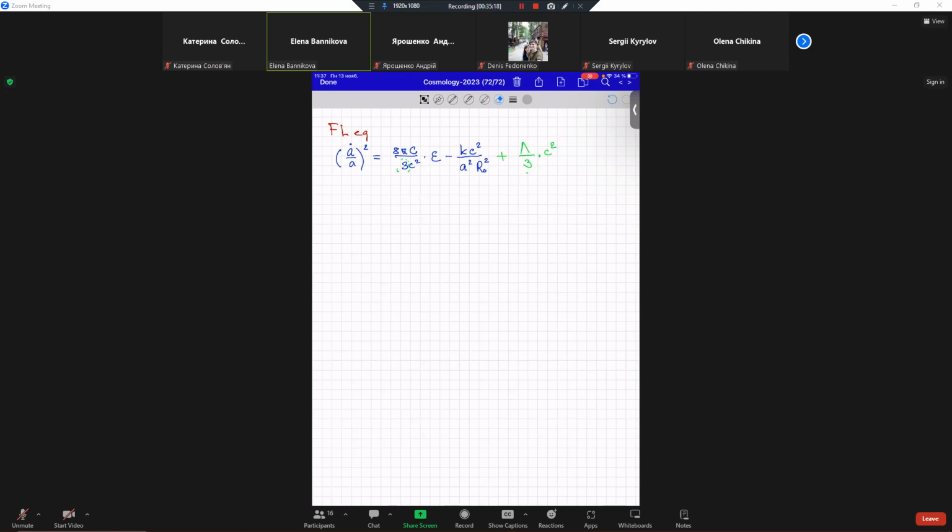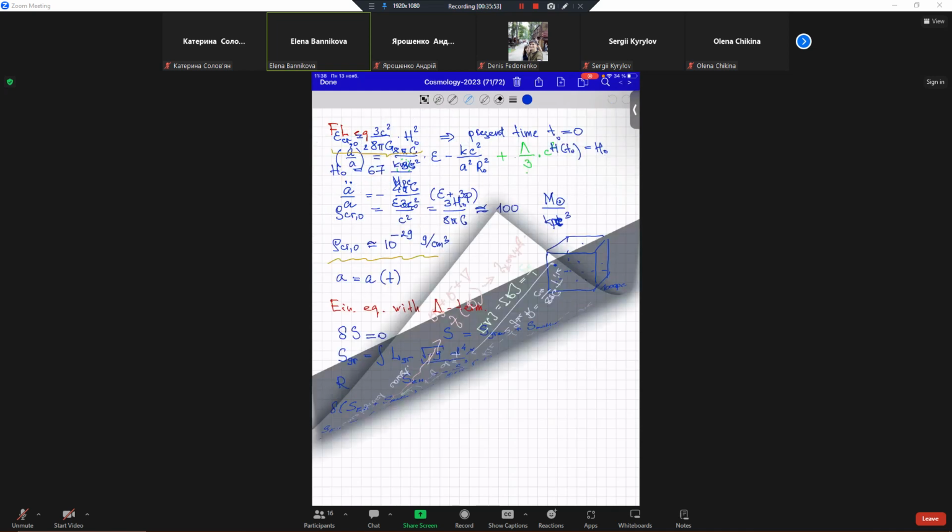This is one of the Friedmann equations. The second Friedmann equation, which we also call the equation of acceleration, will look like this. Okay, I will put here blue: a double dot divided by a equals minus 4 pi G divided by 3c squared, times epsilon plus 3p.